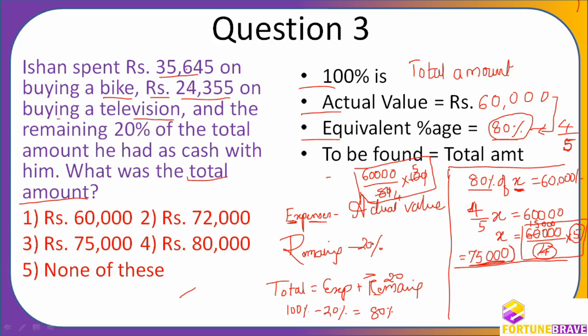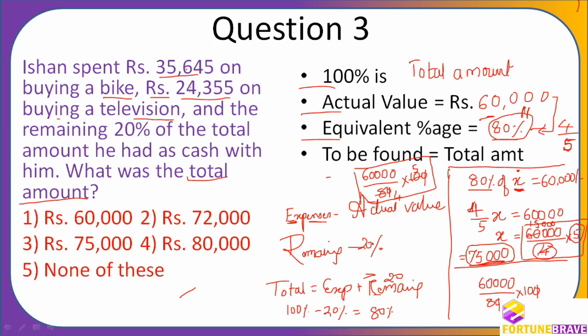This is how I would have done whenever I found that 60,000 is equivalent to 80%. Then I'll reverse the fraction value and directly do it, which will be equivalent to what we used to do. So 60,000 divided by 80 into 100, if I want to do.